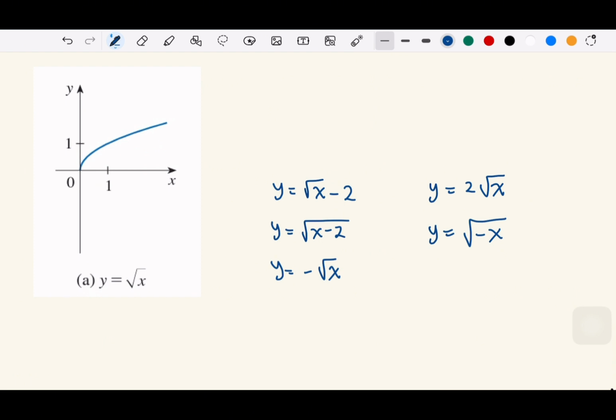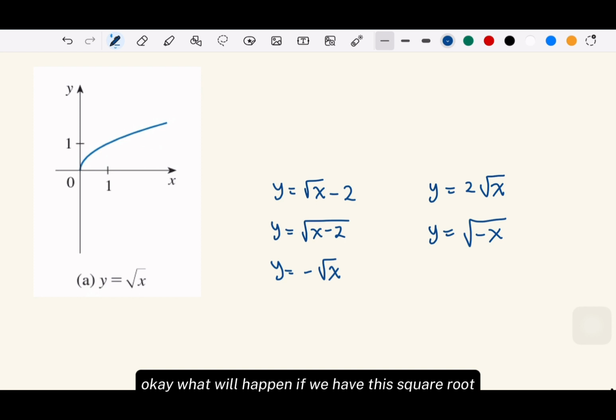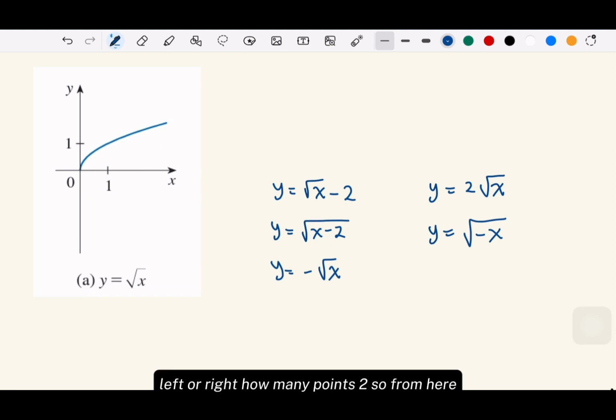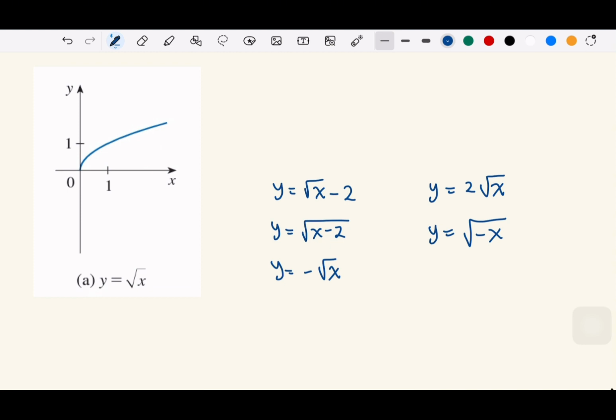Okay, what will happen if we have the square root, but inside the square root we have x minus 2? We move to the left or right? How many points? 2. So from here, this will be our square root of x. How about this?